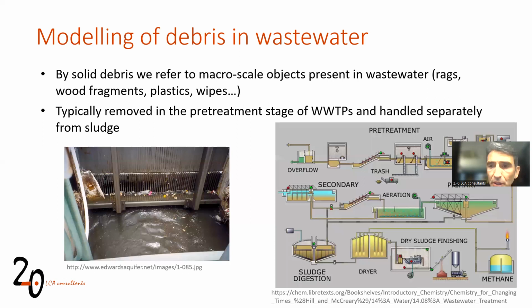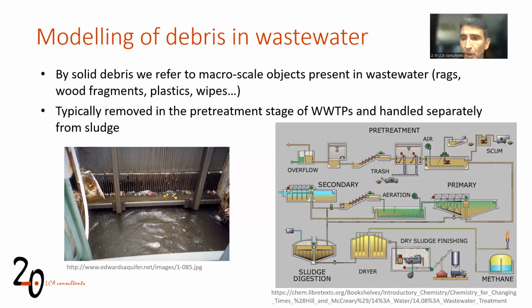Now, these materials are typically removed by wastewater treatment plants in the pretreatment stage, and they are handled separately from sludge. In this flow diagram, on the right, you can see the pretreatment stage, and you can see how we have these flows coming out, this trash and scum. These are the flows we're trying to model here.